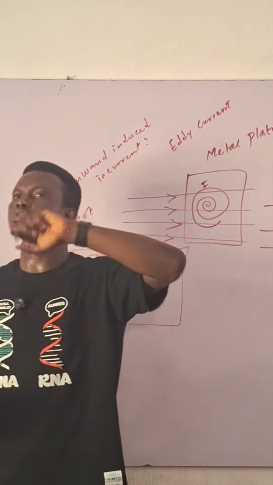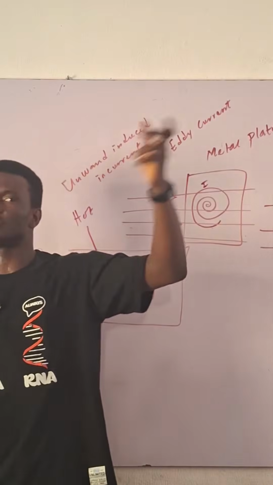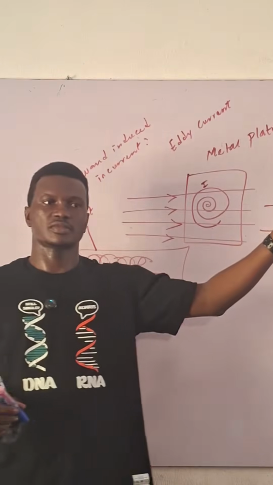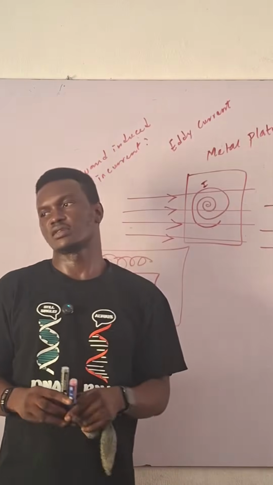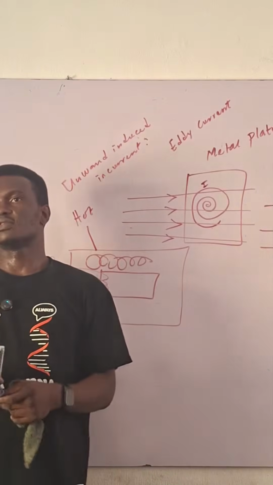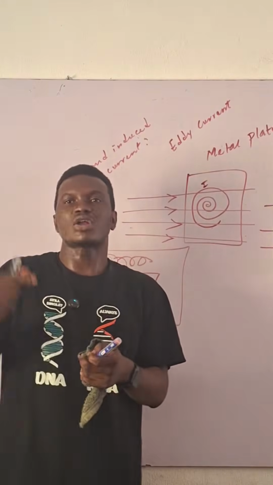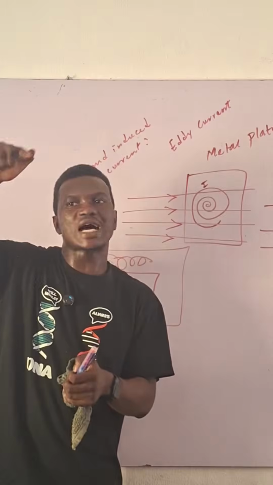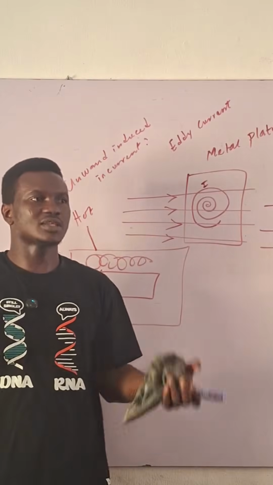And you know what induced currents always do from what we did on Lenz's law? What's the purpose of induced current? What does Lenz's law state? The direction of the induced current always acts to oppose the motion producing it. That's Lenz's law.